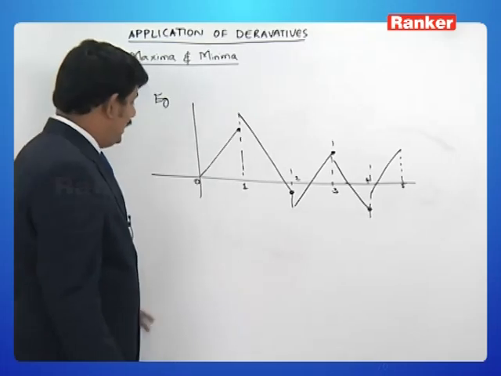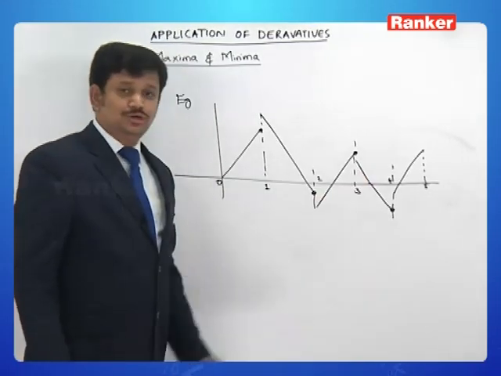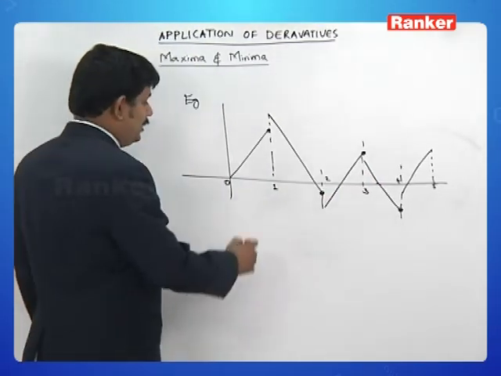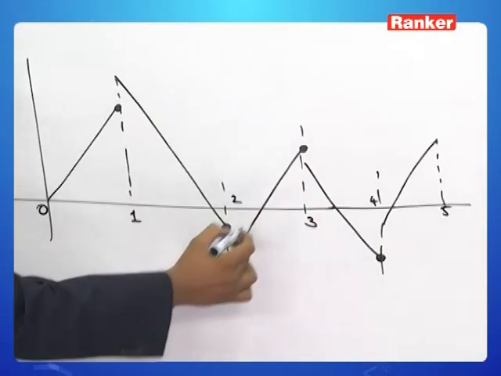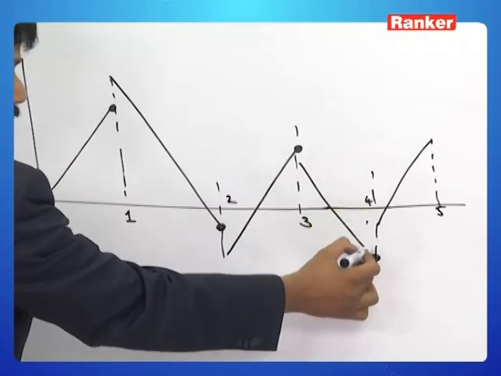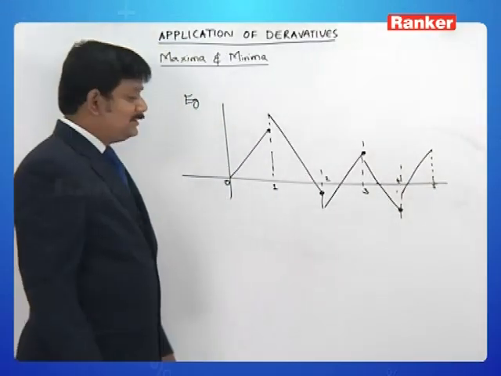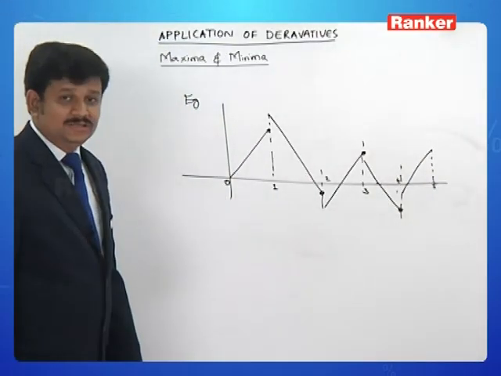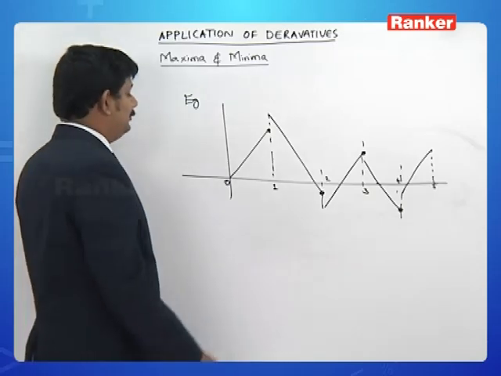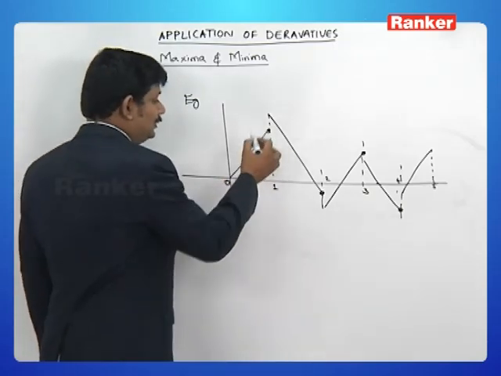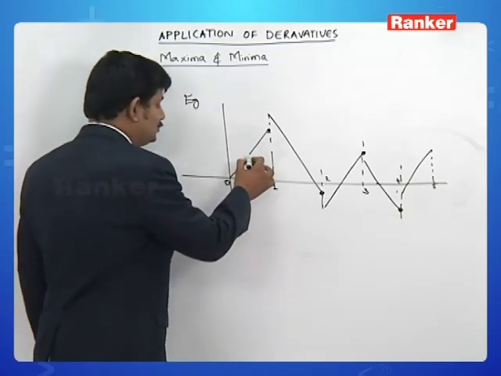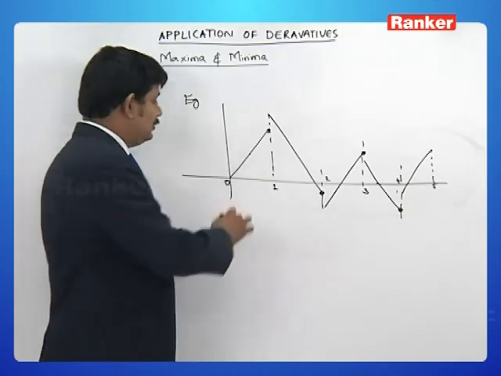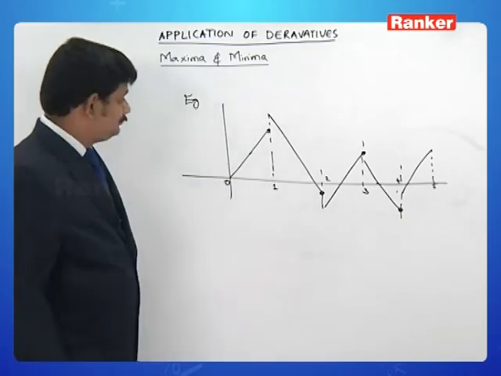Let's say I have a graph which stretches from 0 to 5, and this is 1, 2, 3, 4 and 5. Let's say we want to investigate this function for local maxima or minima. From 0 to 1 there is obviously no local maxima or local minima. Functional values to the left are smaller, functional values to the right are larger.